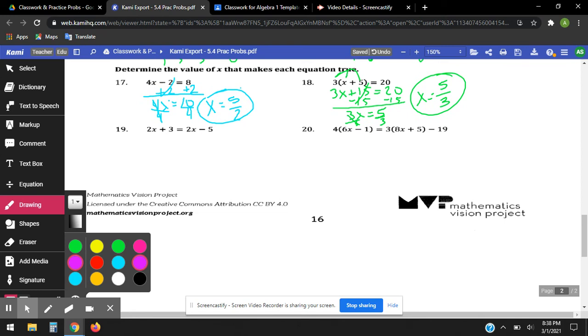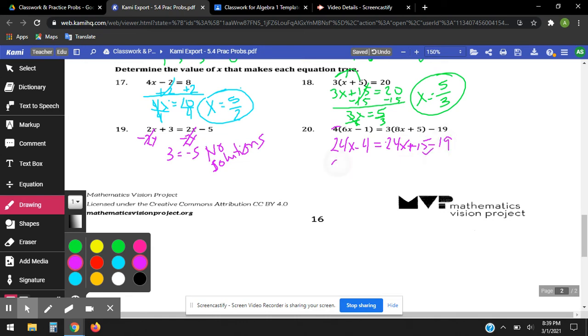All right, next. 2x plus 3 equals 2x minus 5. Well, if I subtract 2x from both sides, those both cancel and it says 3 equals negative 5. So this is actually no solutions because that is not true. All right, how about this one? If I multiply these out, 24x minus 4 equals 24x plus 15 minus 19.